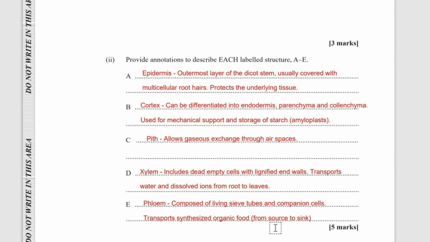So a source is usually a photosynthetic organ like a leaf, and that will make the sugars, and then they will be loaded into the phloem, which will transport them to a sink, which is a non-photosynthetic organ like a root. It's basically like a delivery system, like a delivery truck, where the source would be the KFC and the sink would be a house. Come and give me some KFC. In this case here, give me some sucrose.